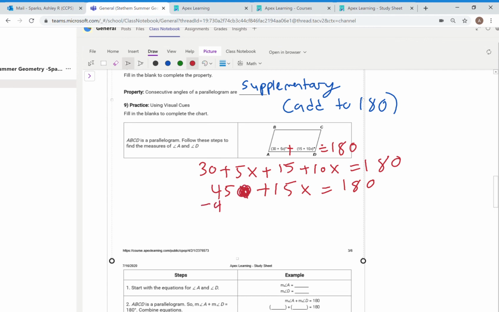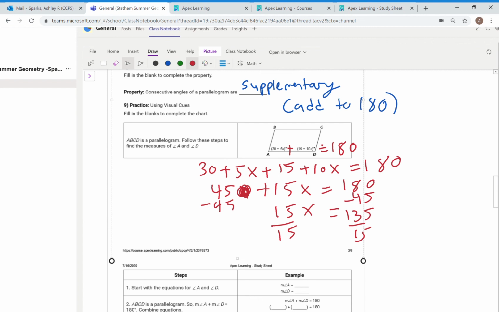Subtract your 45 from both sides. So 15x is equal to 135. And then I would divide both sides by 15.